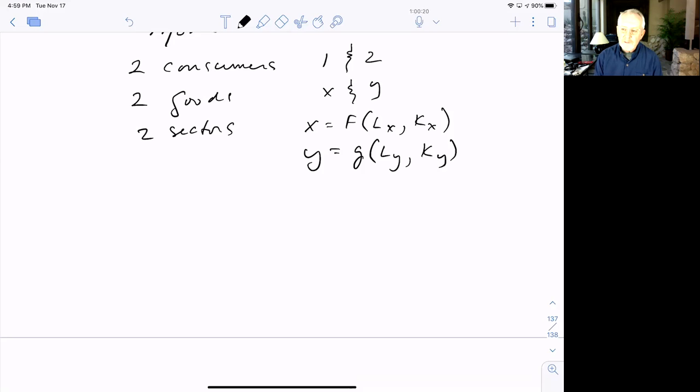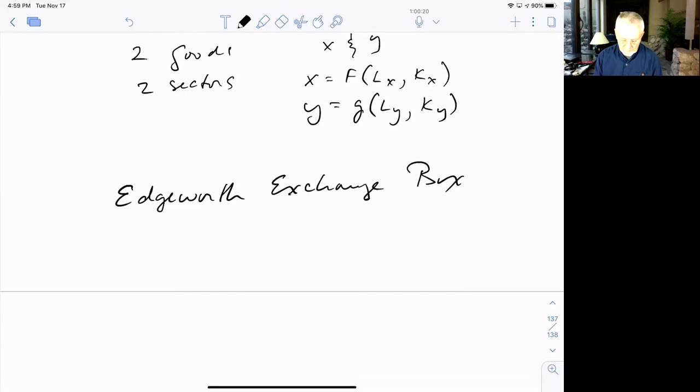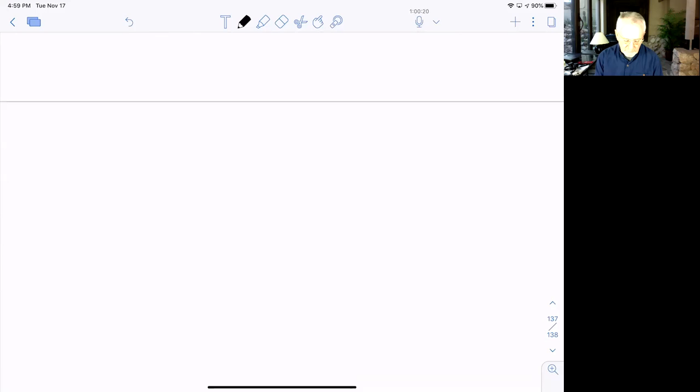And what we're going to use in order to illustrate what an exchange equilibrium looks like and analyze its properties is something called an Edgeworth exchange box. And let me put this together real quickly here. I've got consumer one's tastes and preferences.